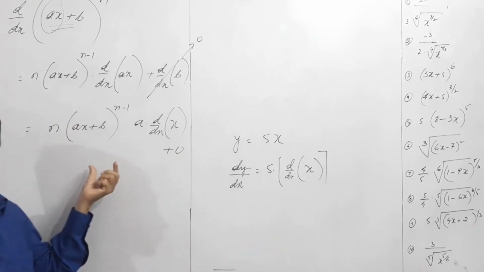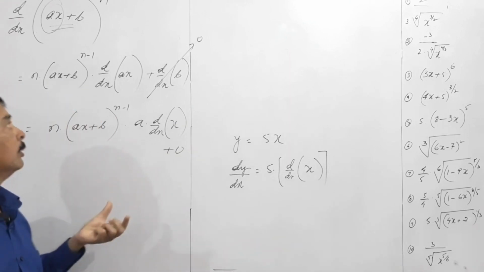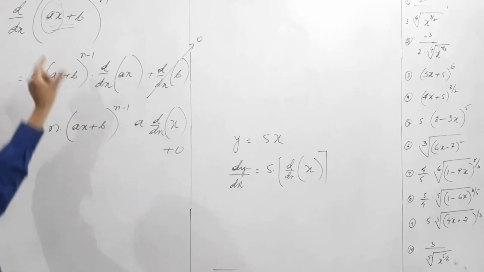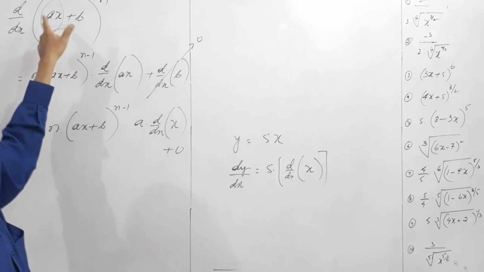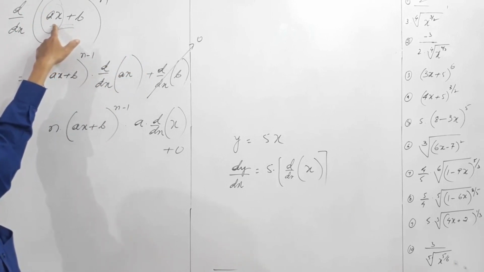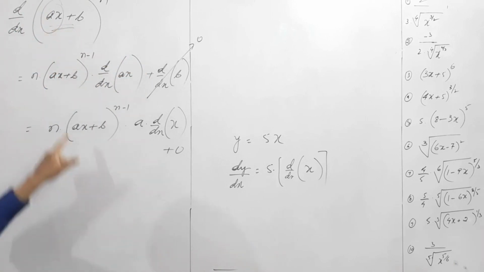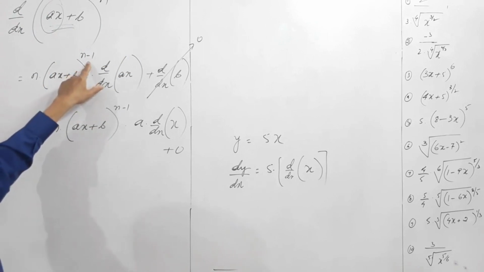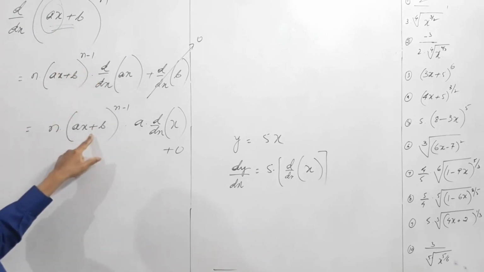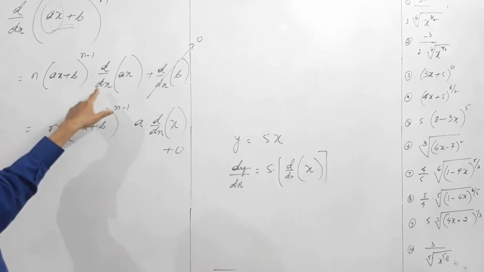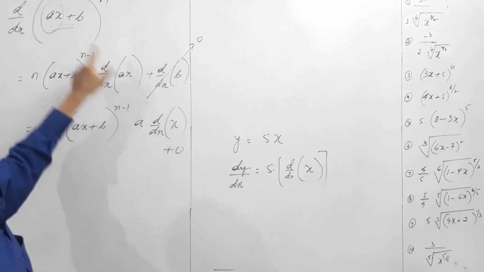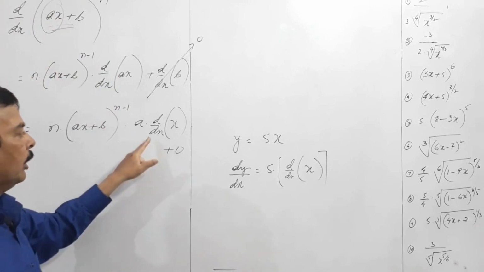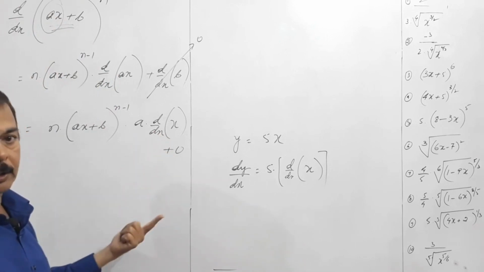Look at this. Such a simple problem. Looks difficult, but we have to differentiate this inner portion, and after differentiating that, take the innermost portion, that is (ax plus b) to the power of n minus 1, that is n into (ax plus b) to the power of n minus 1. Then later on, here I have taken a outside, d by dx of x. d by dx of x is 1.